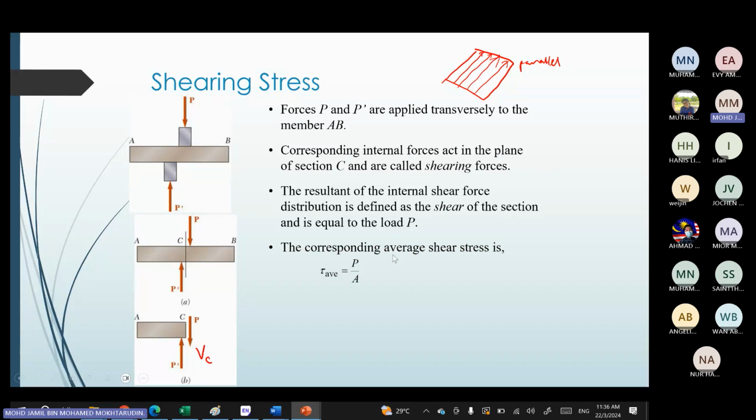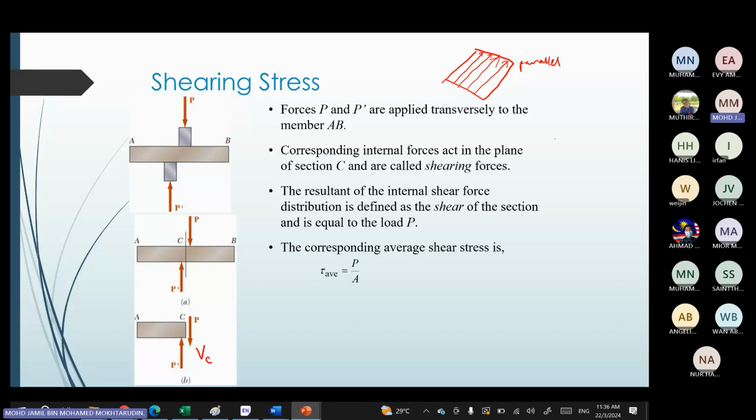Shear stress, similar to normal stress, is also defined in terms of average shear stress: the shear force divided by area. Now you have two things to remember.